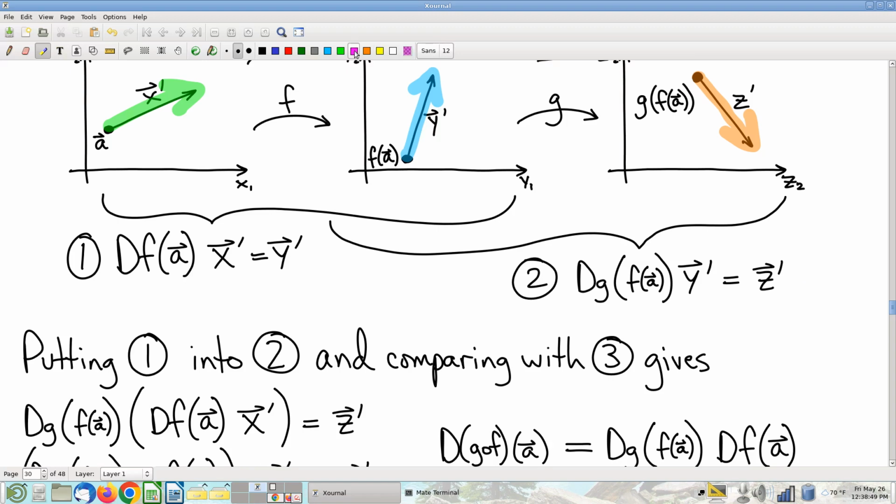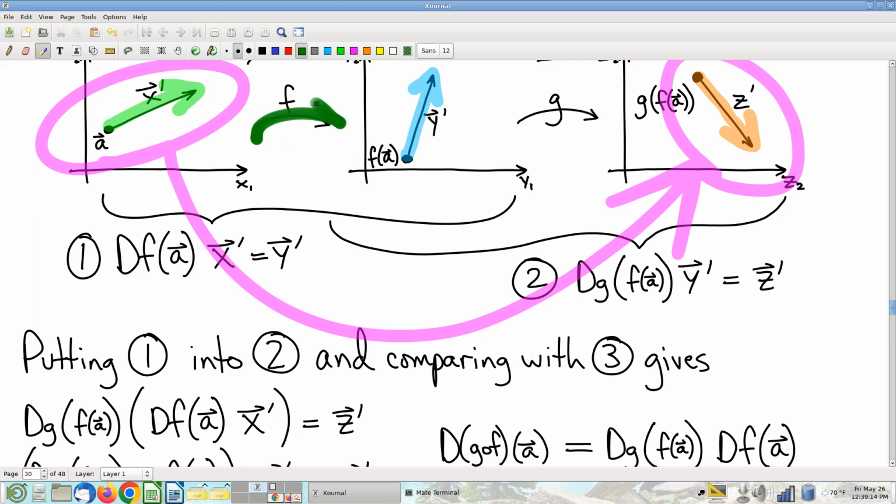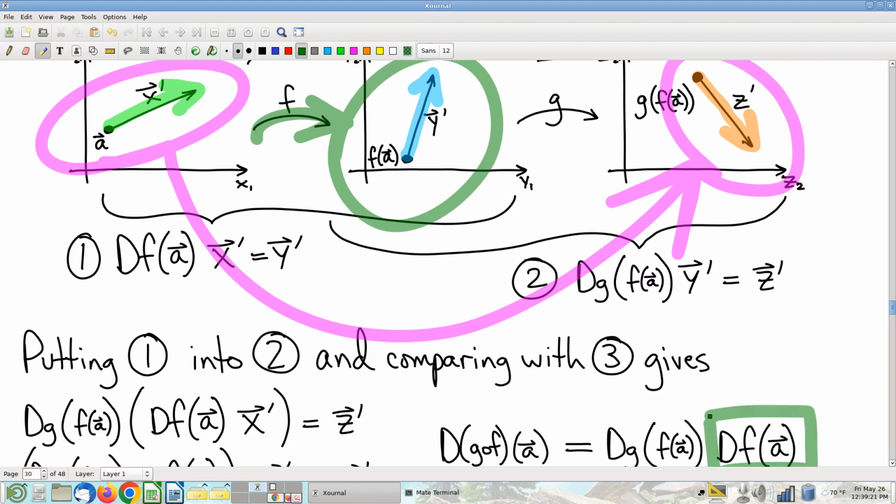Altogether, what would I have to do to x prime to get z prime? Altogether, what do I have to do to input velocity to get the ultimate output velocity? Well, it's a sequence of steps, right? If you want to turn x prime into z prime, the diagram is already kind of telling us the first thing I've got to do is whatever it is that turns x prime into y prime, that's multiplication by the df matrix.